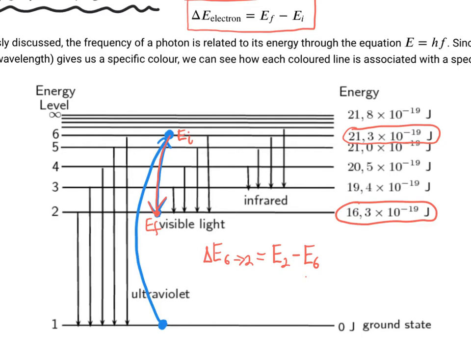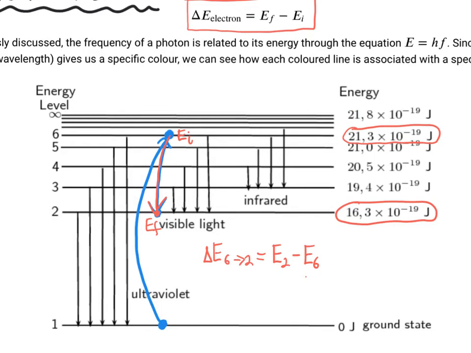And remember that in an atom, when an electron is in a bound state, in other words, it's being held by the nucleus of the atom, then electrons can only have specific energies. Those energies are quantized. In other words, for an electron in this particular atom, it can only be in energy levels that have those energies.